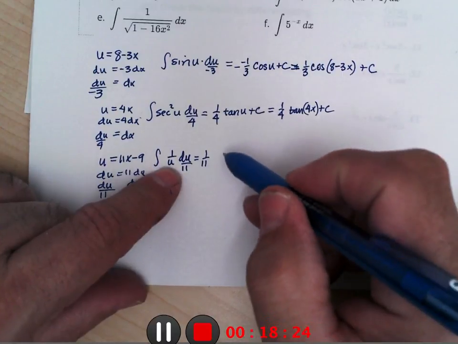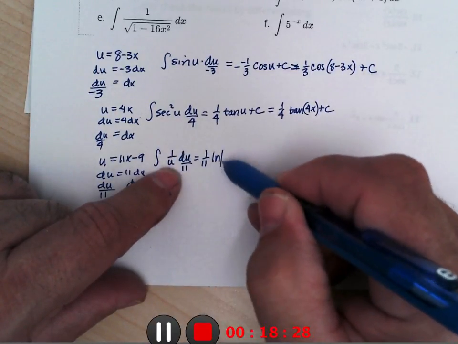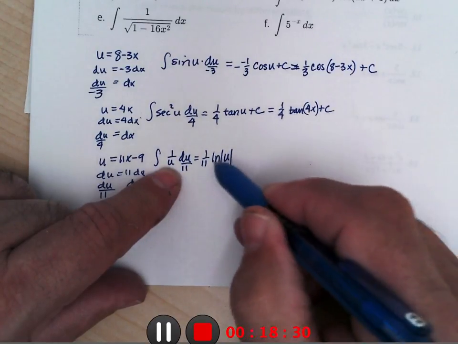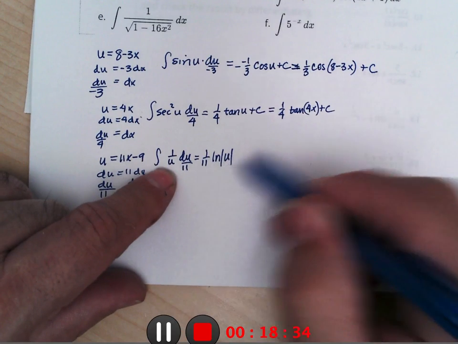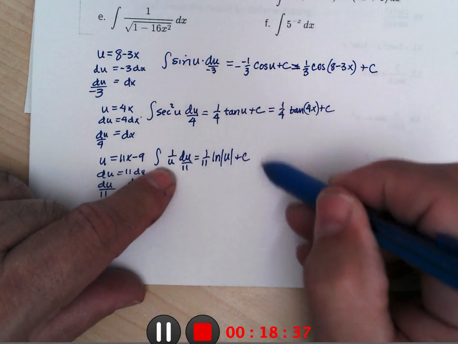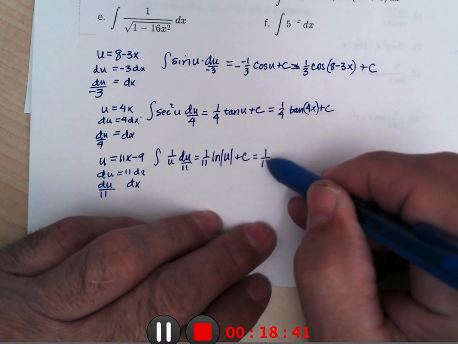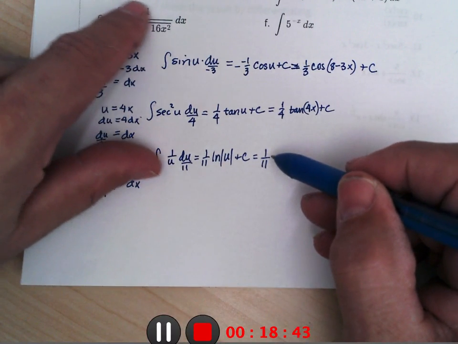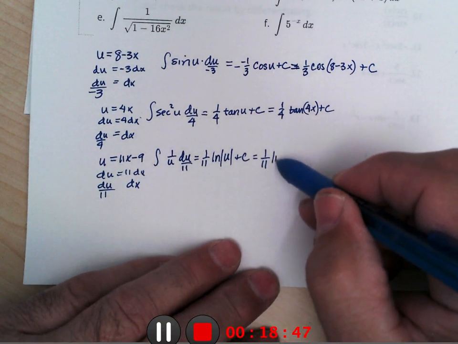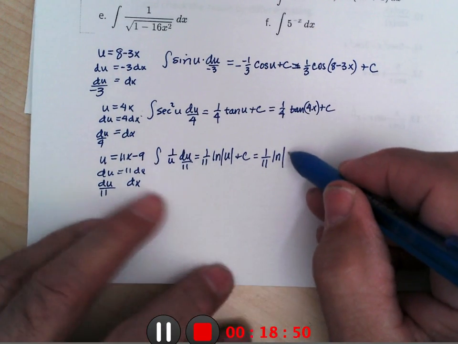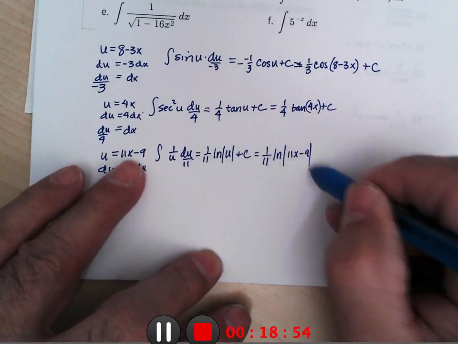It's that special case. It's ln of absolute value of u. The derivative of ln of absolute value of u is 1 over u. Plus c, and so we get 1 over 11. So we get the derivative of the inside. There's that constant 11, so we divide the constant out. ln of absolute value of 11x minus 9 plus c.